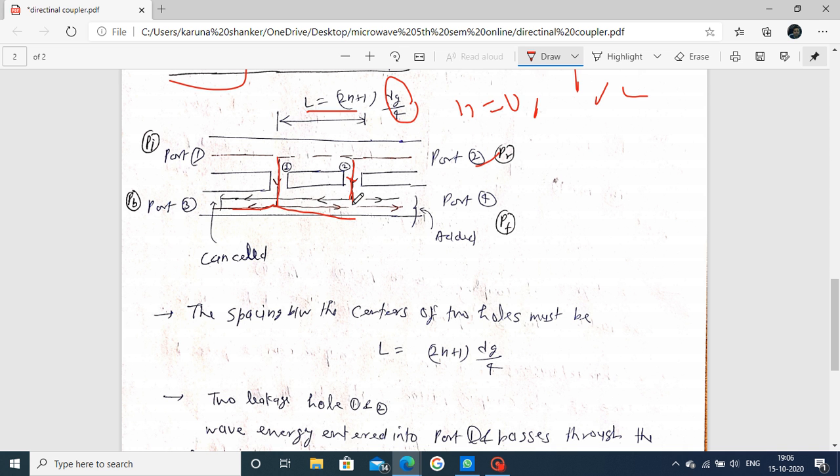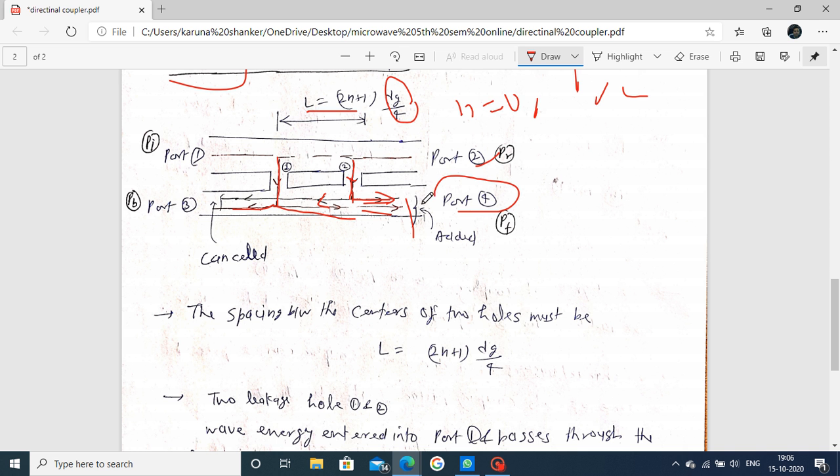This wave is now propagated through the port direction, and also through port number 3. Whatever comes across port number 4 comes from the coupler 1 and coupler 2, and it is in added form. At port number 4 we get the added form, but at port number 3 we get opposite phases.